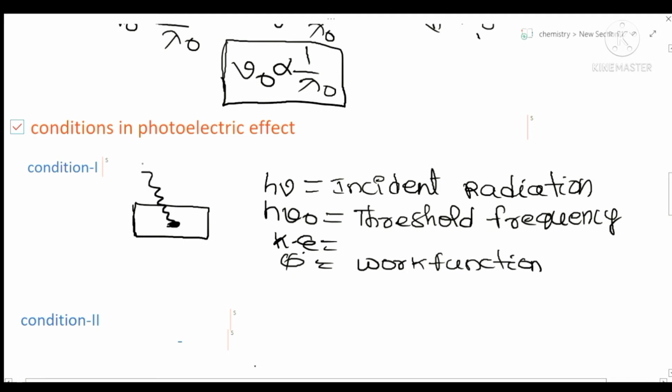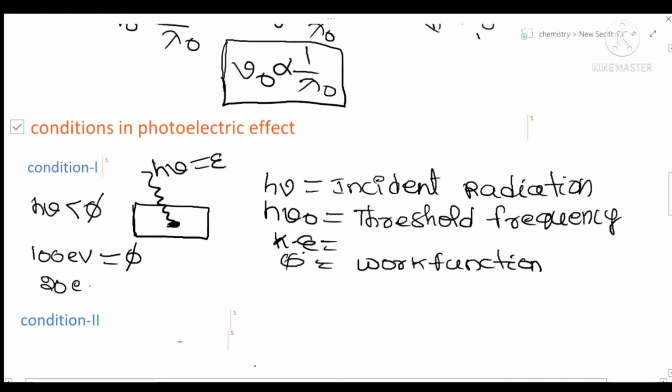For example, I am supplying some amount of energy, that is called incident radiation, h mu or E, whatever it may be. If I define in terms of energy, I will go with E. If I define in terms of frequency, I will go with h mu. So whenever I am supplying h mu, the condition is that the h mu I am supplying is less than, that means the work function is greater. For example, to observe the photoelectric effect, that means for an electron to come outside, I have to supply 1 electron volt, the work function should be equal to 1 electron volt here.